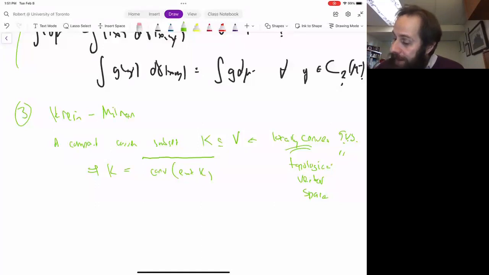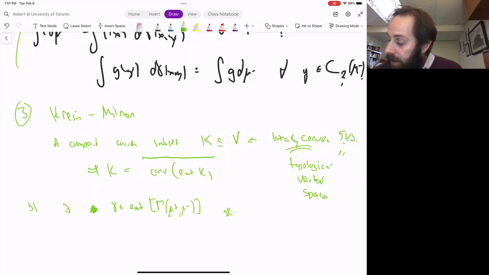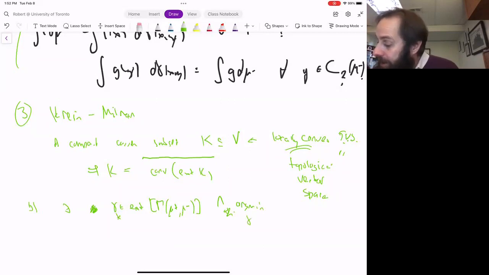So the biggest mistake that people made with this was, when you got to, I don't remember, 3B or 3C, and you want to show that there exists an extreme point in the set Gamma(mu, nu) which was also a minimizer, so let's call it gamma star, the argmin over gamma of the integral of c d gamma, for some bounded continuous function c.